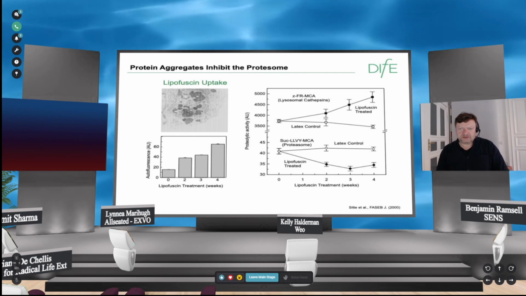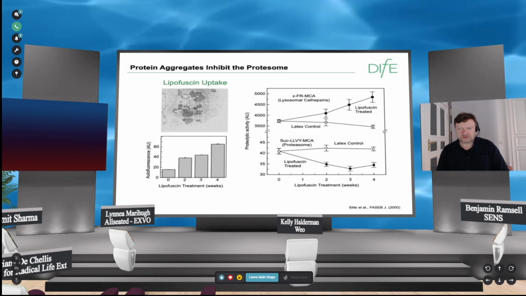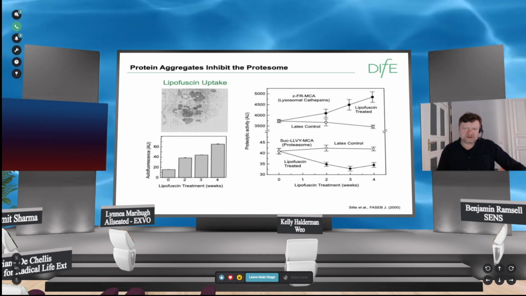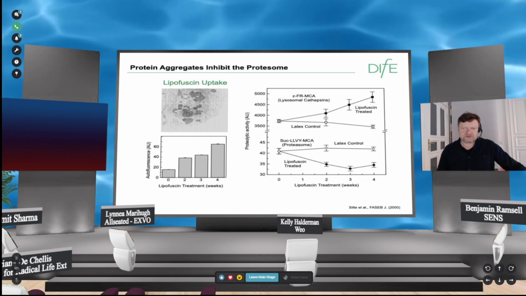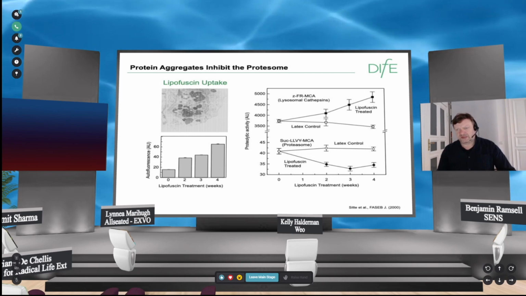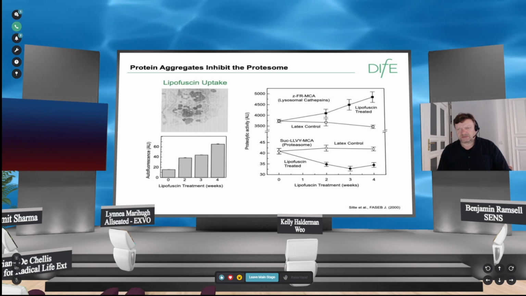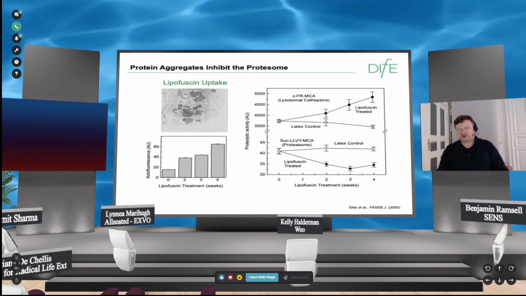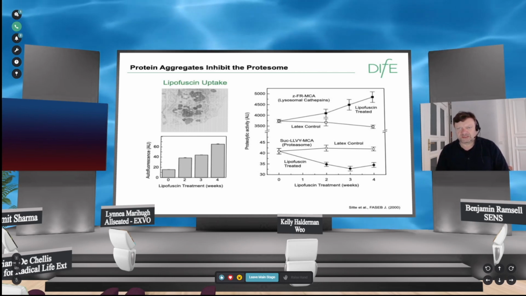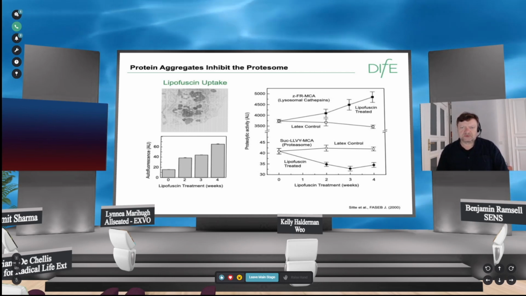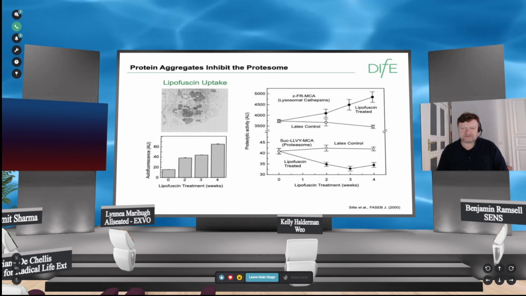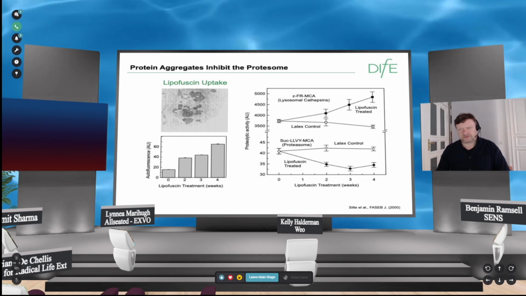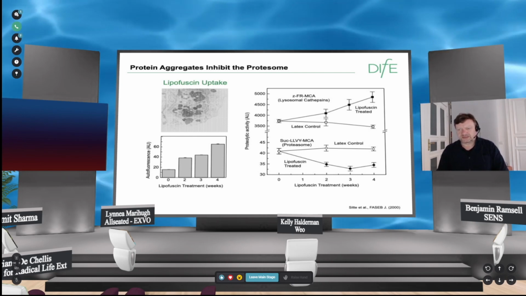It might not look like much because it's a 25% decline in proteasomal activity, but considering the importance of this proteolytic system for the whole metabolism, it is a tremendous change in the metabolism of these cells. At the same time, in the upper part of the graph, you have more lysosomal cathepsins, which reflects that most of the taken up lipofuscin is located in the lysosomes. So basically you have more lysosomes at this time.